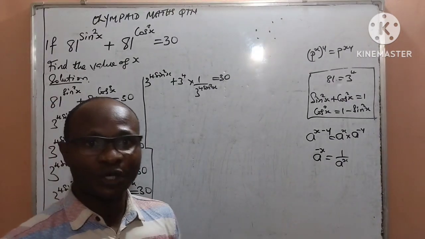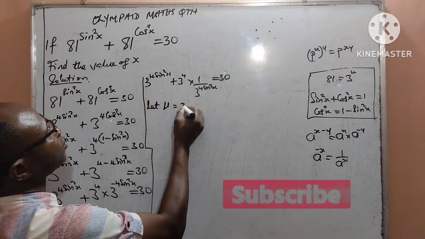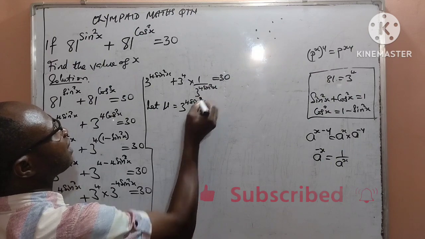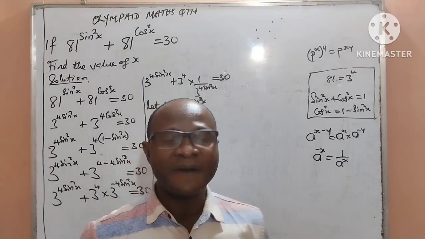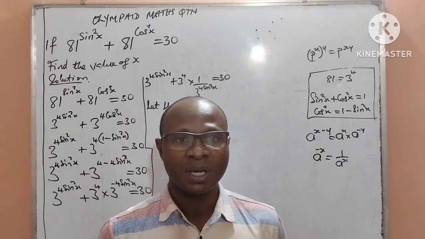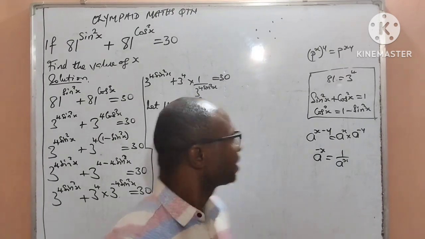At this point, I want to replace something. Let u be equal to 3 raised to the power 4 sine square x. Meaning that anywhere I see 3 raised to the power 4 sine square x, I am going to represent it with u so that I can form an equation and make this work very simple.